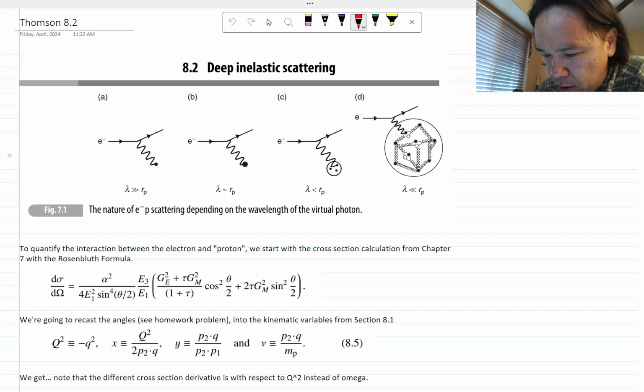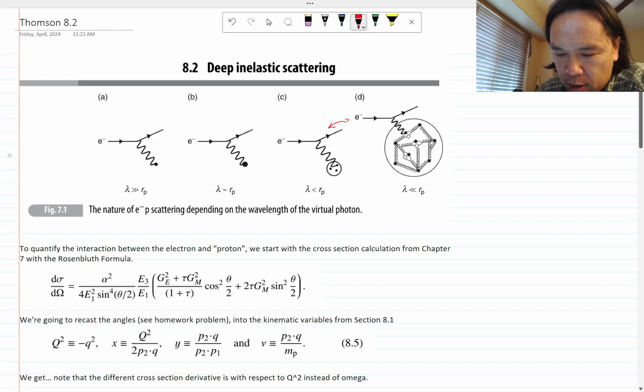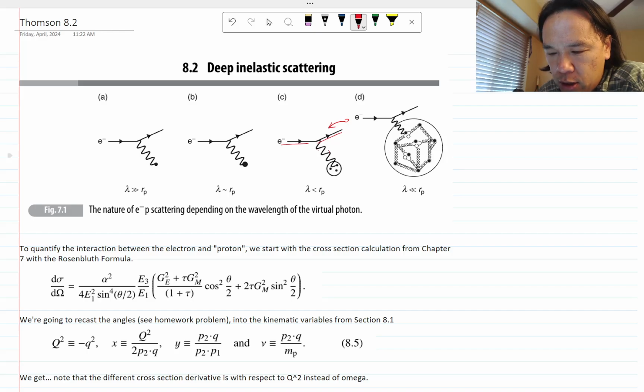So we are kind of in this intermediate phase where we have an electron coming in, scattering off a proton, but now that the wavelength of the photon exchanged between the electron and the proton is short enough, we can actually see inside the structure of the proton.